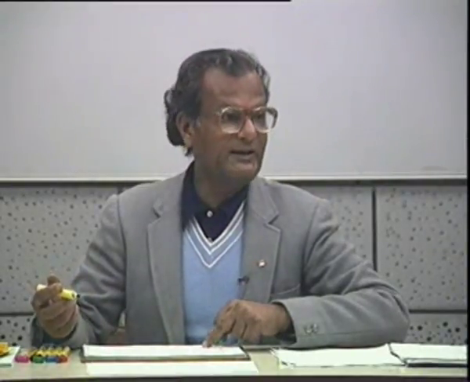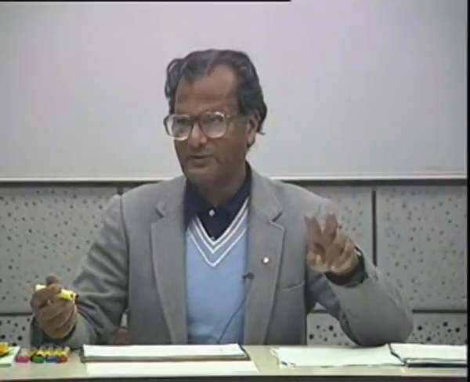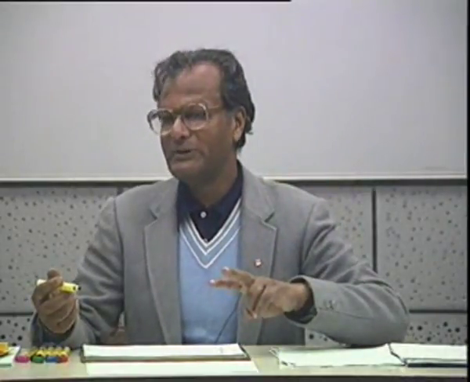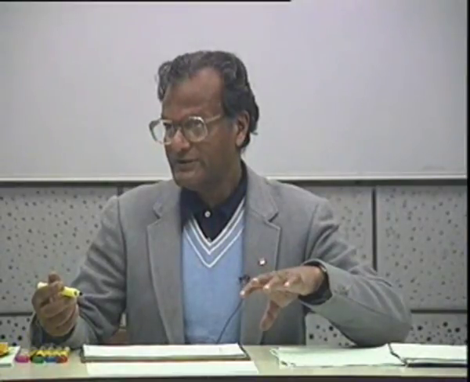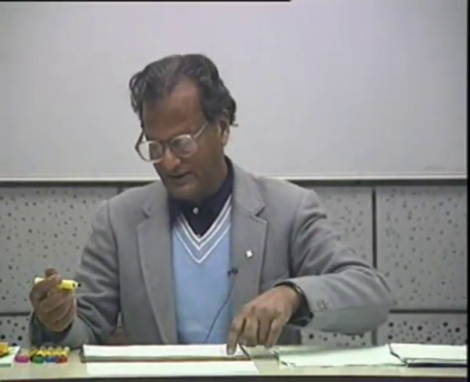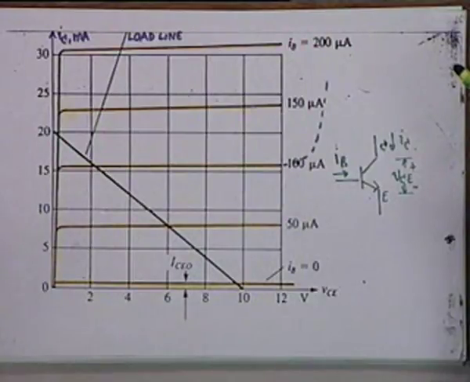The transistor is a highly nonlinear device. It has a diode at the input, it has a diode at the output. The diode characteristics are nonlinear, but overall characteristic of the collector current versus collector to emitter voltage is such that it can be used as a linear amplifier.